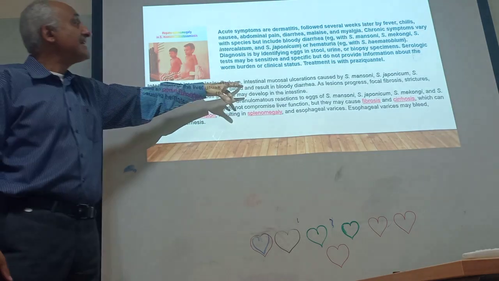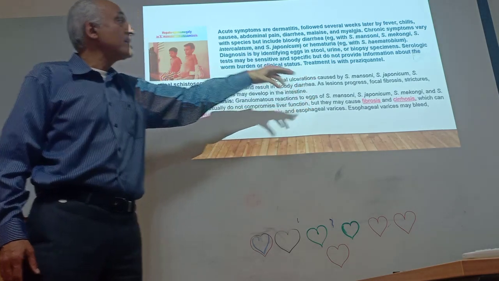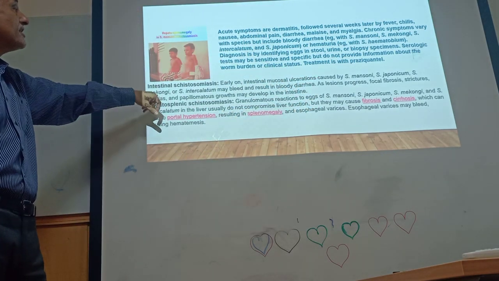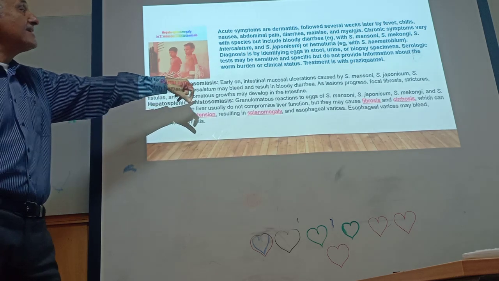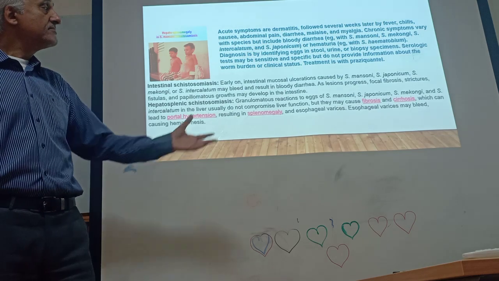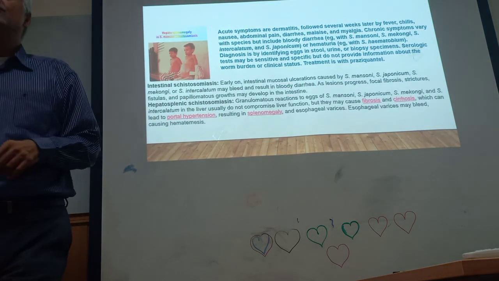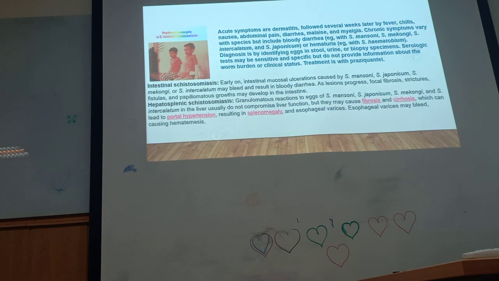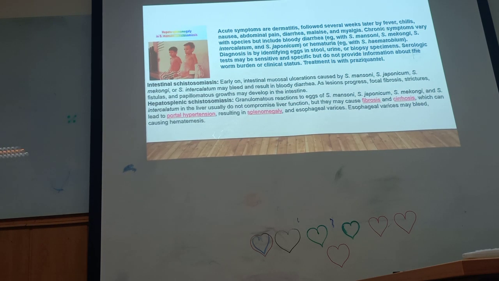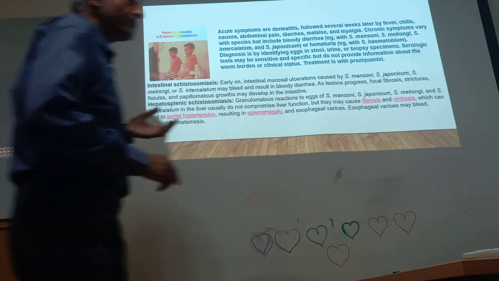Intestinal schistosomiasis: early on, intestinal mucosal ulcerations caused by Schistosoma mansoni, japonicum, and mekongi may bleed and result in bloody diarrhea. Again, hepatosplenic schistosomiasis, these symptoms also can be expected in Schistosoma mansoni and Schistosoma japonicum.